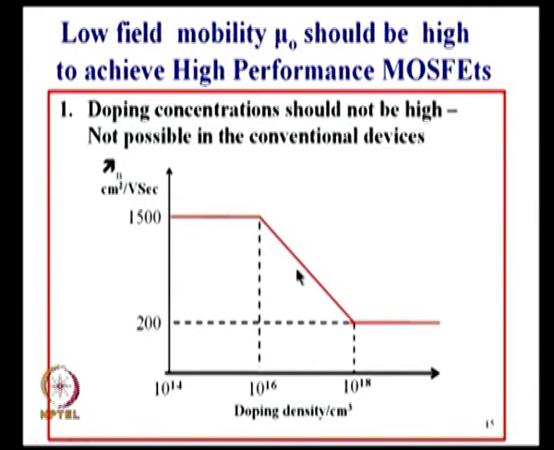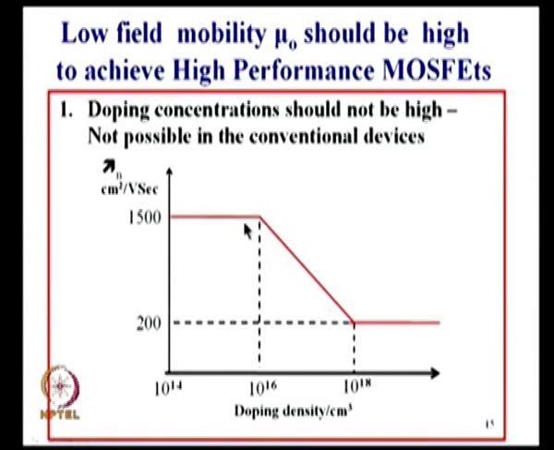Mobility starts falling because in the low doping concentration regions, the scattering centers are only lattice atoms. But when you go to higher doping, the dopants are in the ionized state. The ionized dopants give rise to additional scattering centers.